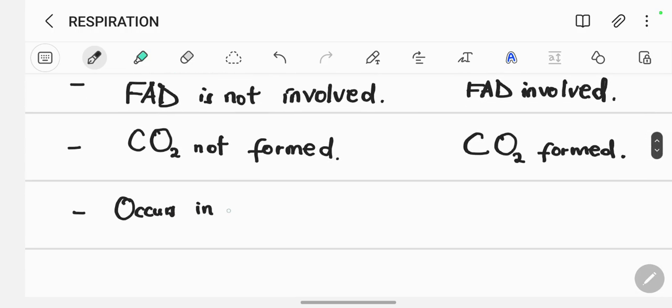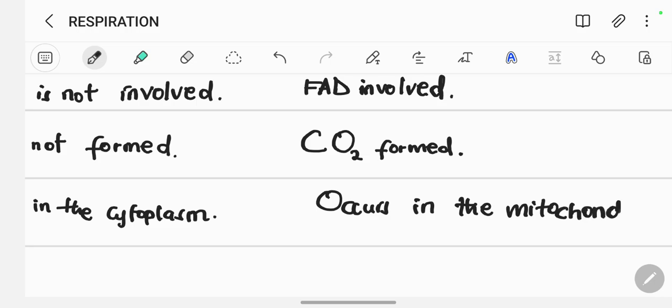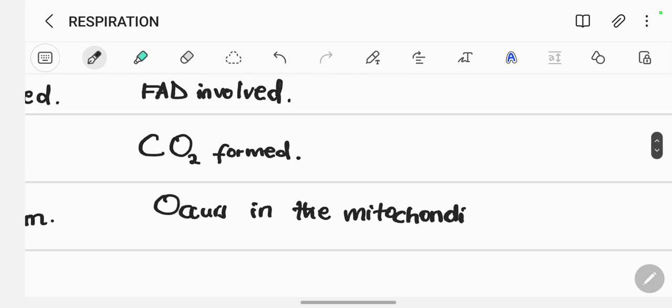Glycolysis occurs in the cytoplasm, and the Krebs cycle occurs in the mitochondrial matrix.